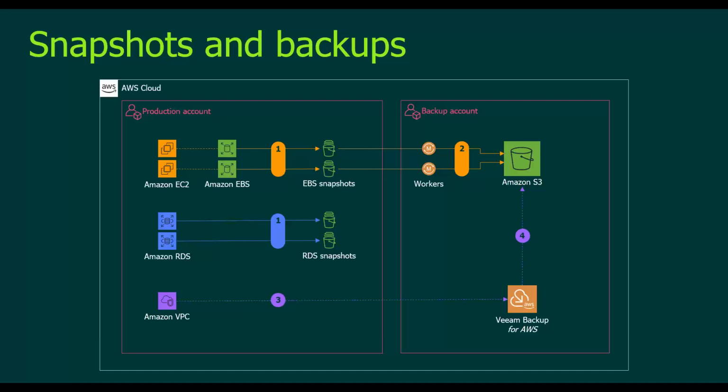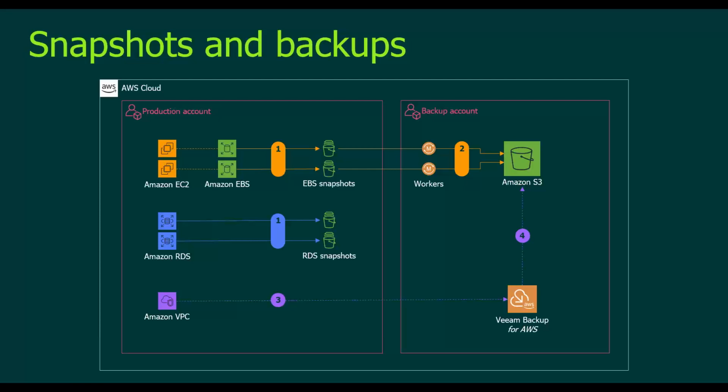If you then look at the EC2 VM snapshots, you can just leverage the snapshots if that's fine. All good, but perhaps you want to transfer the snapshots to an S3 bucket. Then we'll be starting up a worker, and the worker is a VM which is able to read the EBS snapshot and convert that to a Veeam format that is being stored in the S3 bucket.